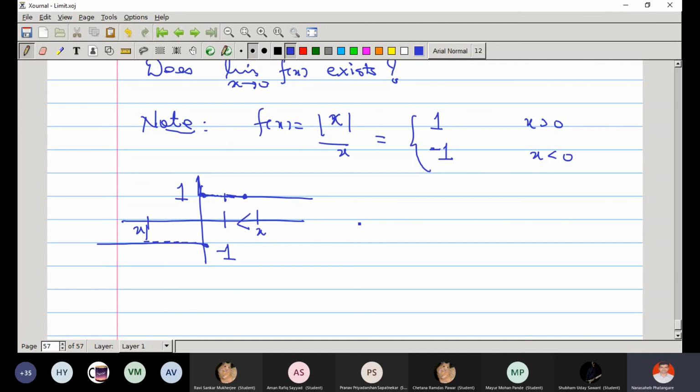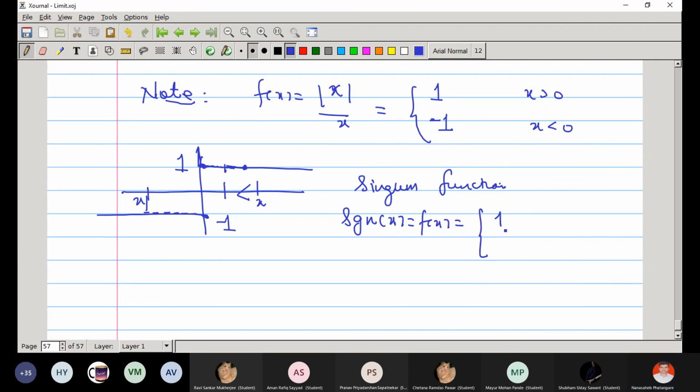So this function is called the signum function. Signum means sign of x, that is f of x. And what is the sign of x? It is 1 if x is positive and minus 1 if x is negative.